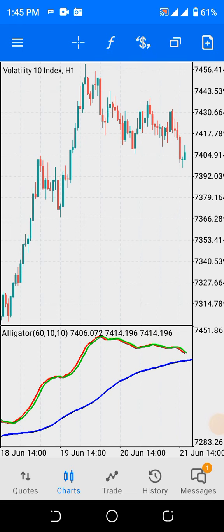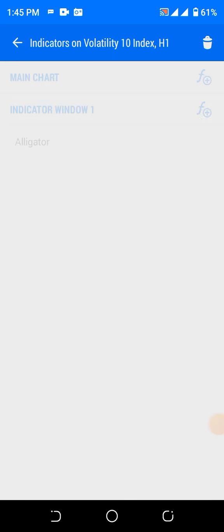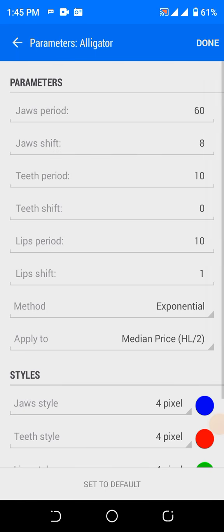Now let me show you how to set up the indicator. Pay attention. Like as I said, you need only one indicator, which is the alligator indicator. Here are the settings for the alligator indicator.